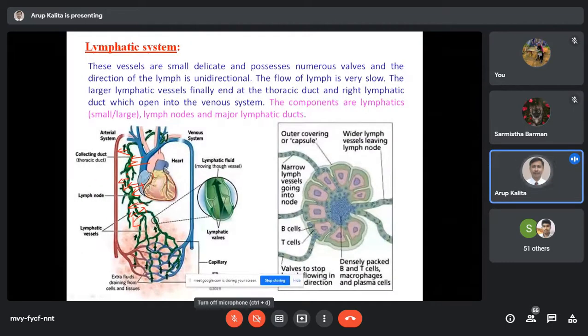Here, arterial capillaries will give oxygen to these cells. Then it will become venous capillaries. After getting the oxygen, these cells carry out the metabolic process. During the metabolic process, the cells secrete a fluid called lymph, and lymph will be carried by the lymphatic vessels.